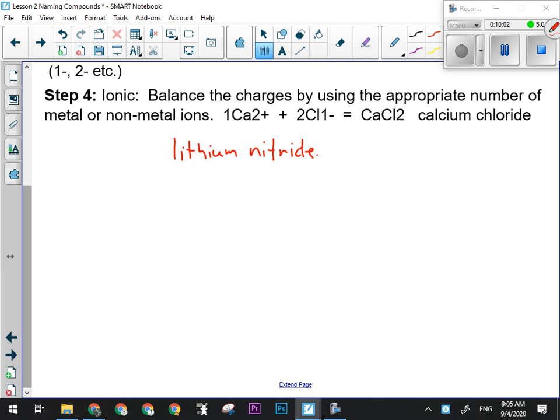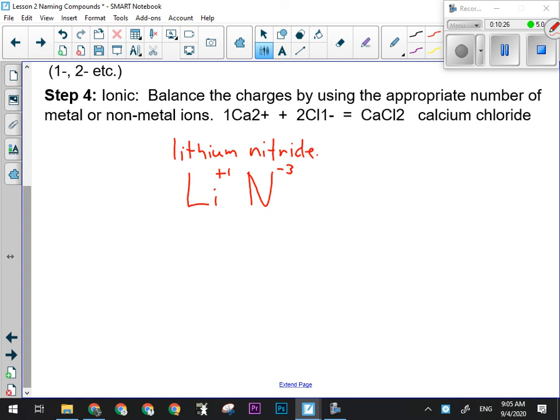Ionic, because lithium is a metal. All right, so my first step then is that I write out the symbol for lithium and I write its charge. Its charge, according to my periodic table, is +1. Okay, nitride is nitrogen. Okay, so I write out the symbol for nitrogen, which is N, and its charge, which is -3. And now I do the drop and swap.